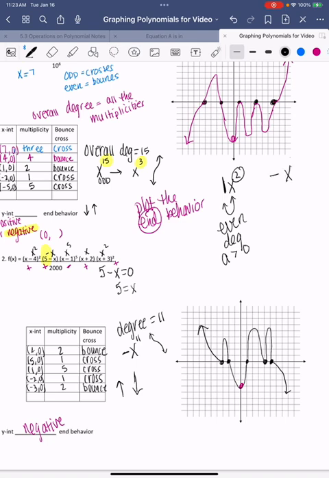Negative x squared, even. Negative x to the 10th. Negative x to the 100. Negative 9x to the 12th. The coefficient is odd. I don't care about the coefficient. I care about the overall degree. So this is going to be upside down. Even. A is less than 0.